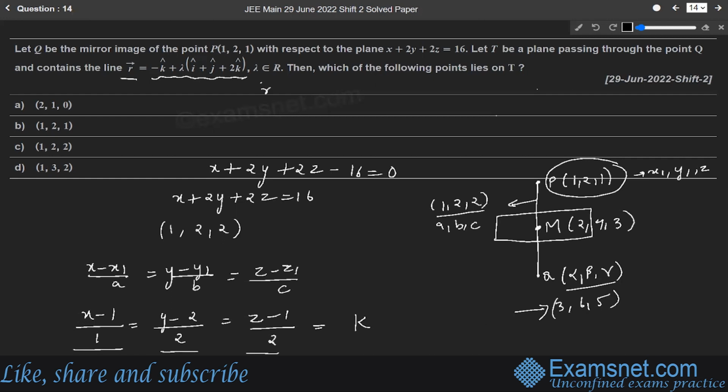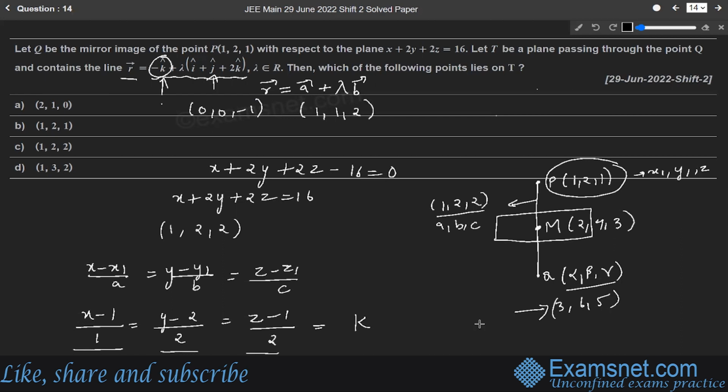Here, what is r vector? r vector is basically A vector + lambda into B vector, all right? So you can see that for A vector, only k cap is given, means the terms of i and j are 0 here. So the coordinates will be 0, 0, -1. Okay, why -1? Because we have minus k. The coefficient of k is -1, right? And if we talk about B vector here, the coordinates will be 1, 1, 2.